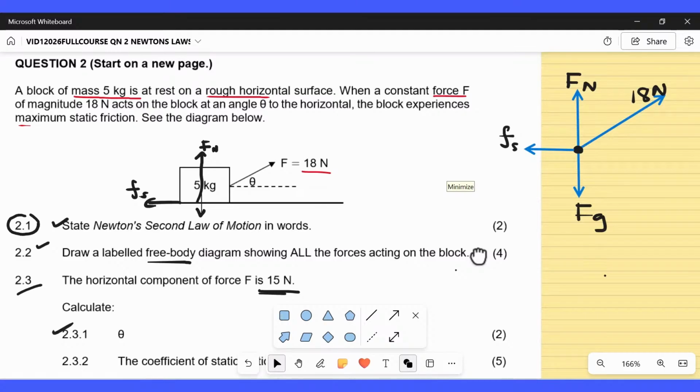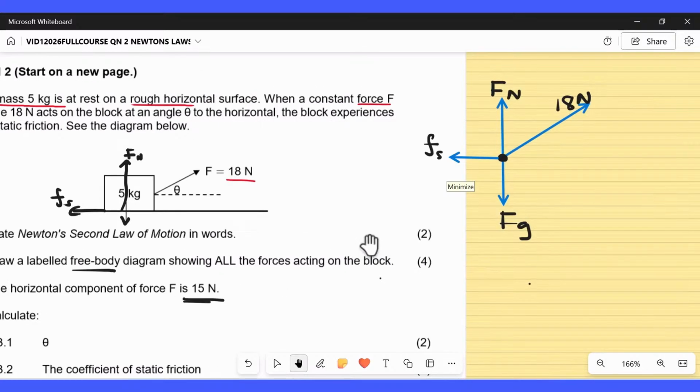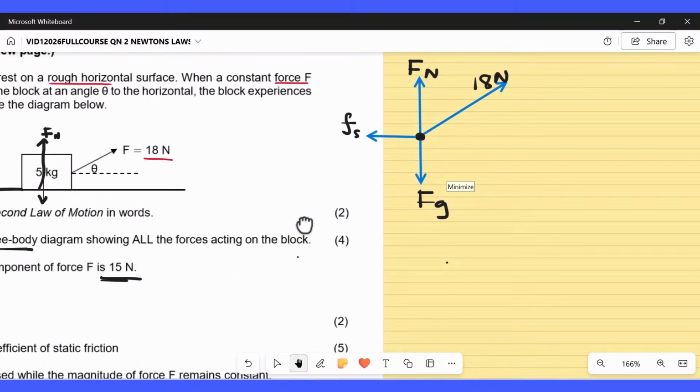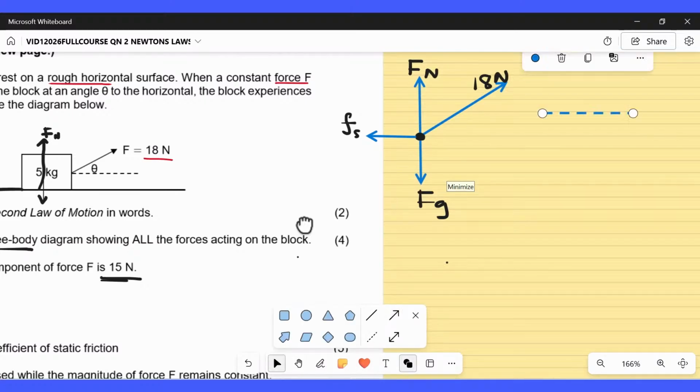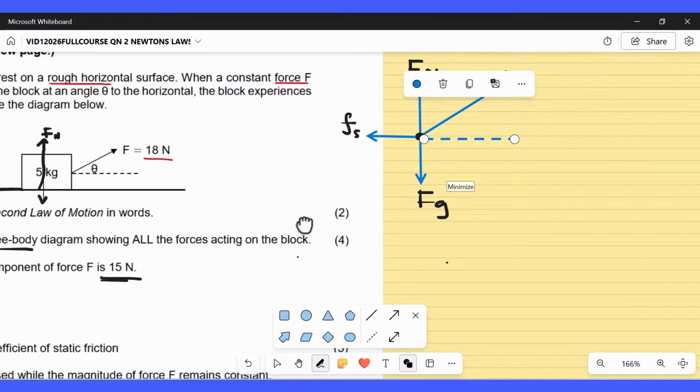The horizontal component, they said, is 15, so I'm going to put it here like this. And then the other component is vertical. Just give it a red color here, vertical. And in this case it comes like this.